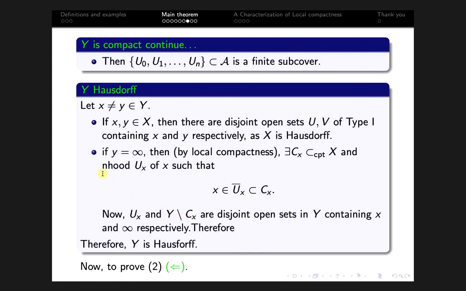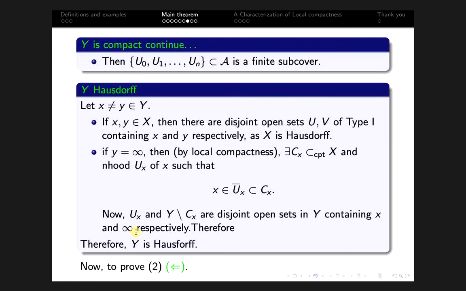So when x belongs to X and y equals infinity, two distinct points in Y, then we have an open subset of Y of type 1, that is Ux, and an open subset of type 2, Y minus Cx, containing x and infinity respectively, and they are disjoint. Therefore Y is Hausdorff. So this completes the proof of the forward direction.